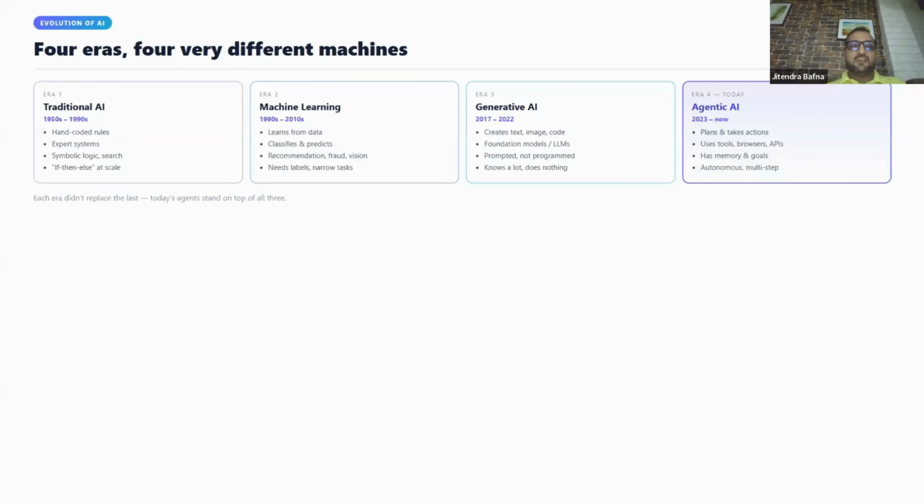But still, traditional AI, machine learning, and generative AI are generating some kind of output, but they are not able to take any action. They are not able to plan or execute anything. That is where agentic AI comes into the picture. Agentic AI is the era from 2023 to now, and it is being adopted widely everywhere.